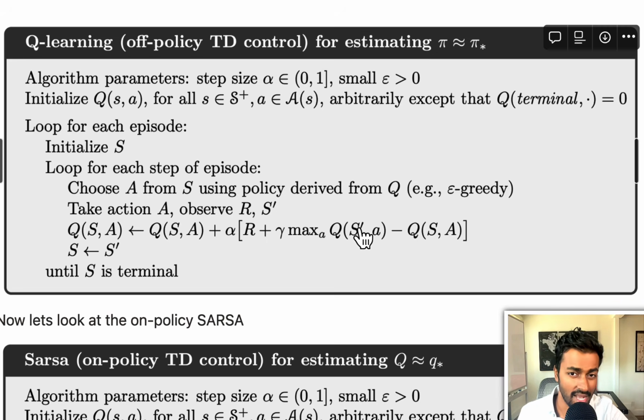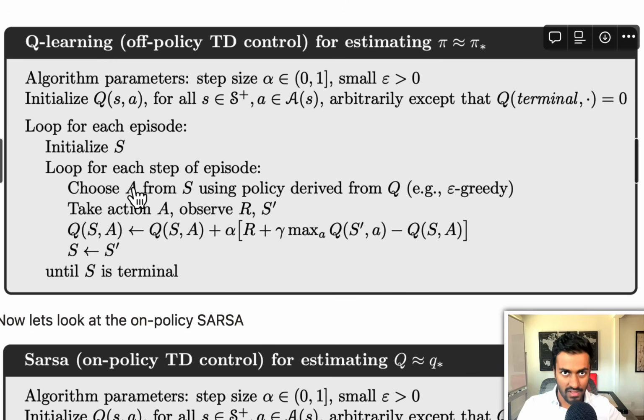In our case, it was S2 and down. Note that this action was just chosen, but it was actually never taken. And this is what allows us to decouple the target policy, which is greedy, from the behavior policy, which could have been anything, like we mentioned before. Now we transition to the next state, and then we repeat the process again and again until the end.